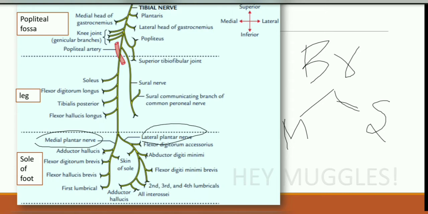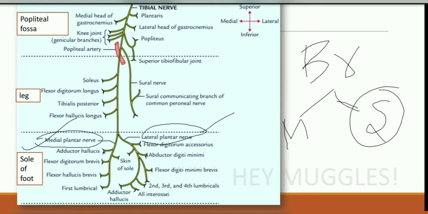So the muscles of the posterior compartment of the leg are supplied directly by the branches of the tibial nerve, and the muscles of the sole are supplied by the terminal branches, the medial plantar nerve and lateral plantar nerve.